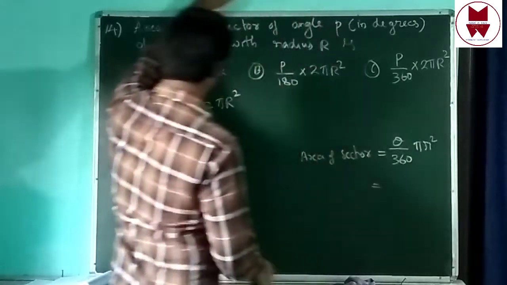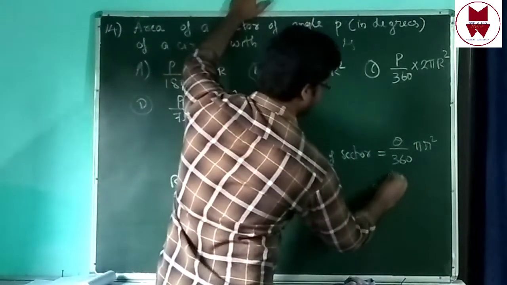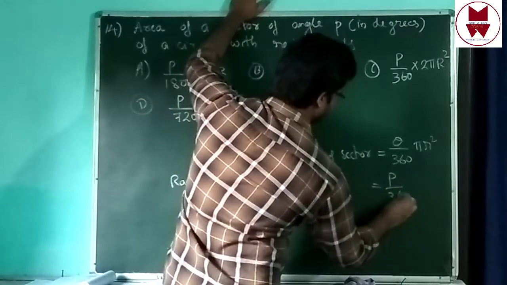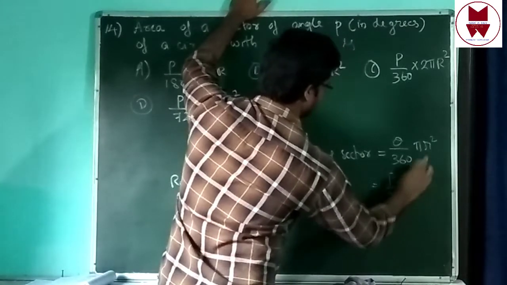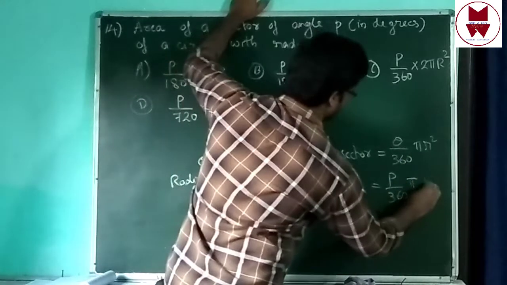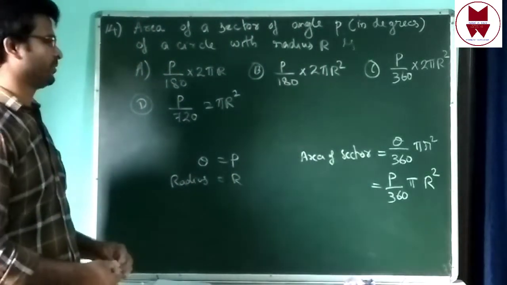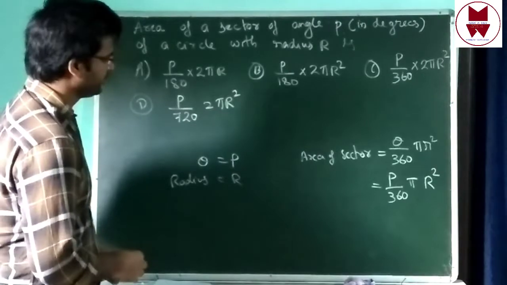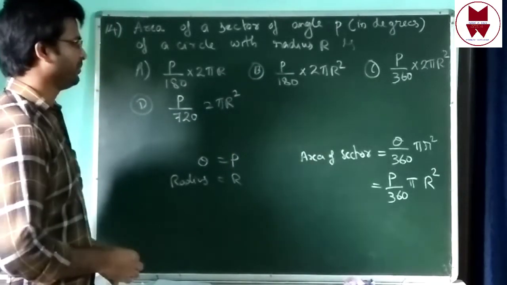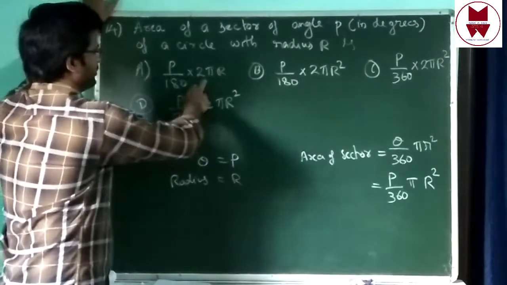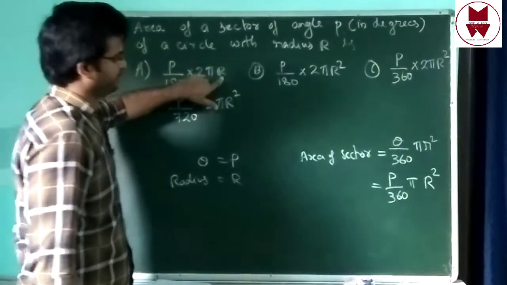Put all values in here. P is theta, 360, then pi, and instead of small letter r we can write capital letter R. P divided by 360 pi r square. Check it in the answers. A is not there because no r square.